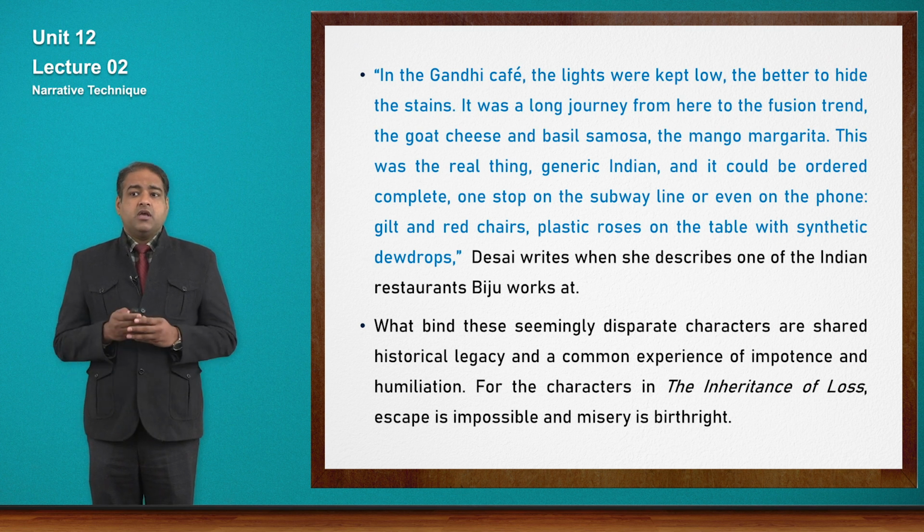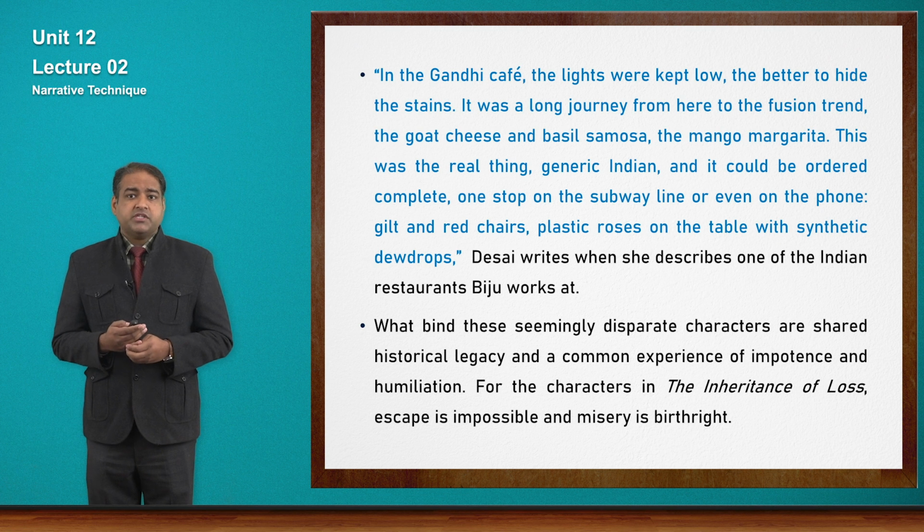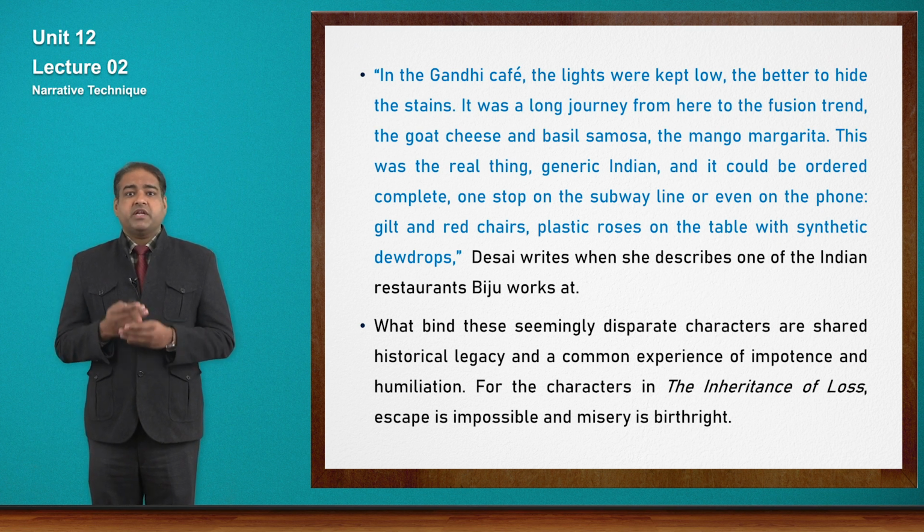When we look at this novel, we find that all the characters are surrounded by some kind of dissatisfaction, humiliation, and impotence. And they are not able to come out of those conditions because they are not capable of doing that. They don't know how to live their life judiciously, which is why their condition is very miserable.